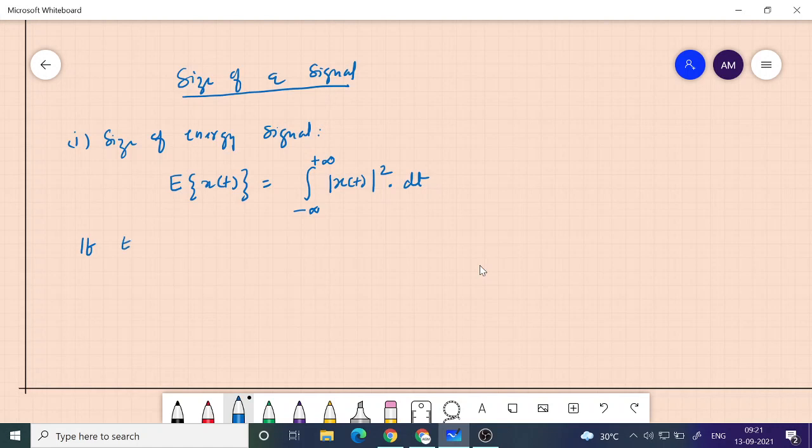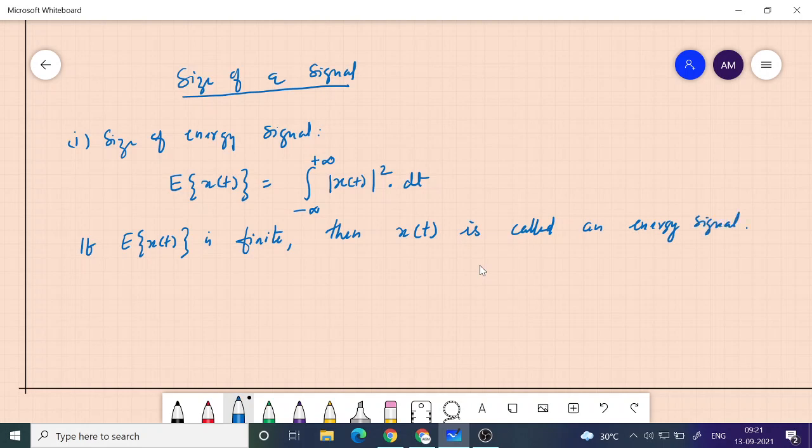If E of x of t is finite, then x of t is called an energy signal.